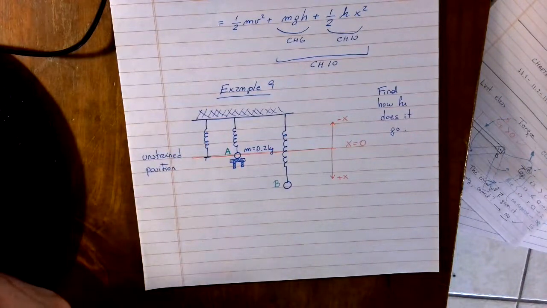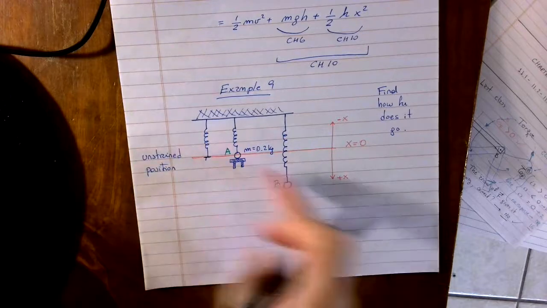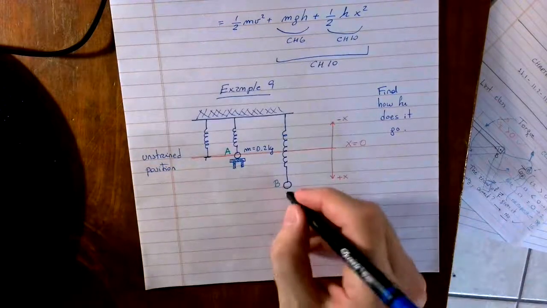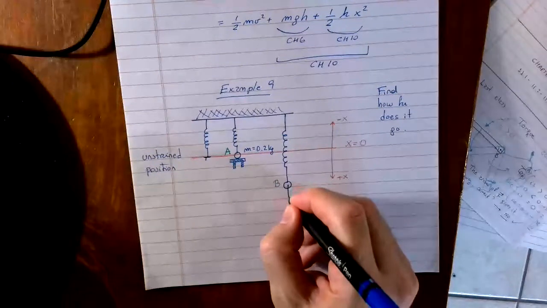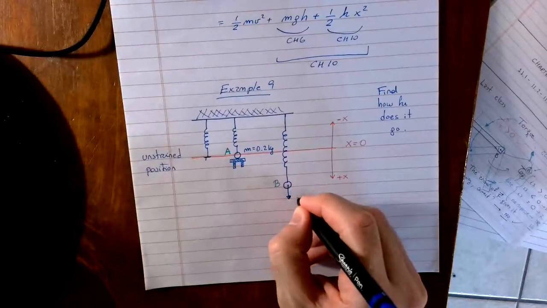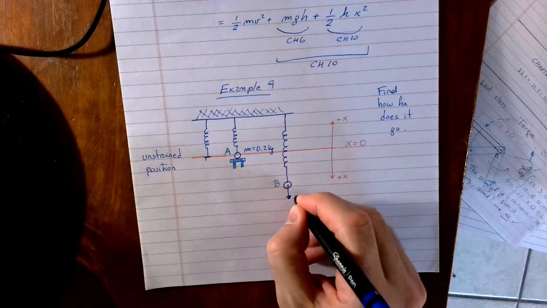When it is stretched, gravity is working on the ball. Yeah, exactly. So gravity is working all the time, right? Gravity is always right here. Right here we have the weight.